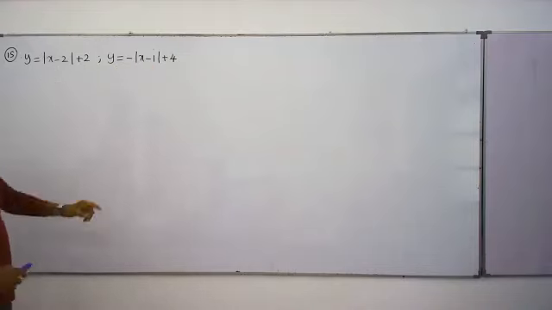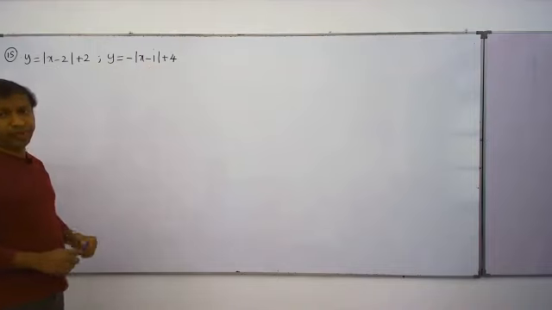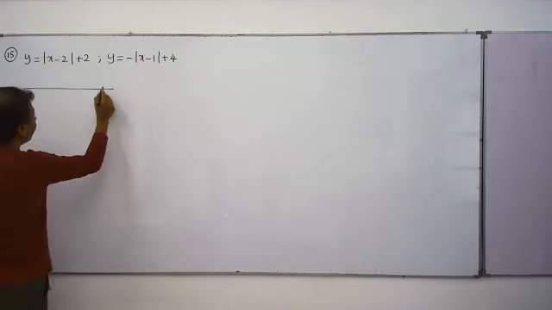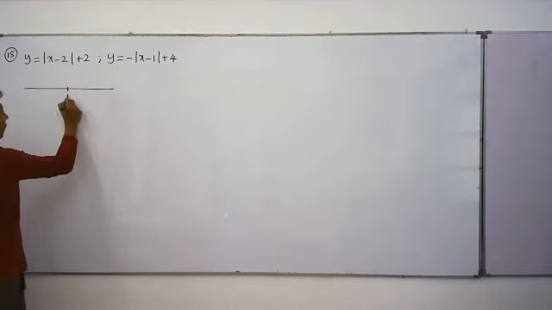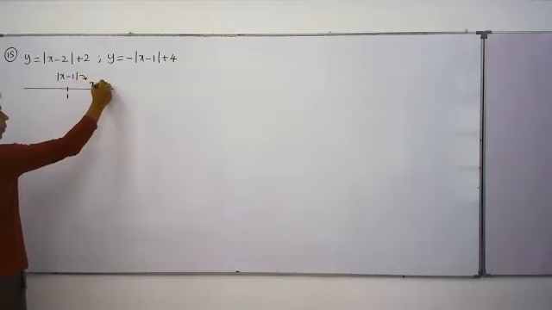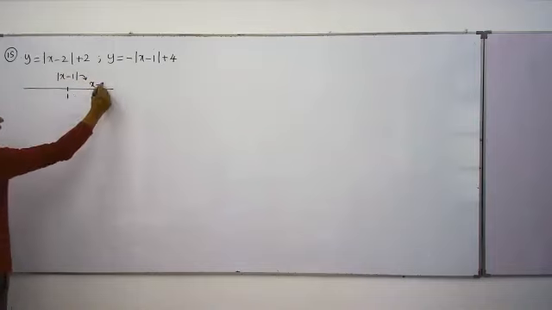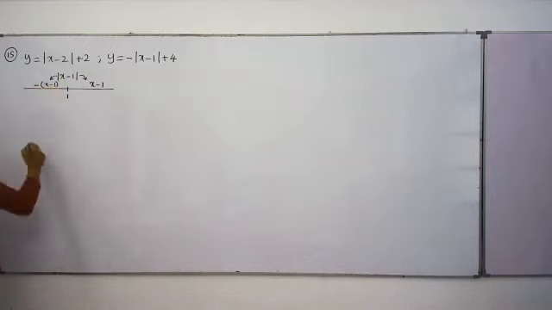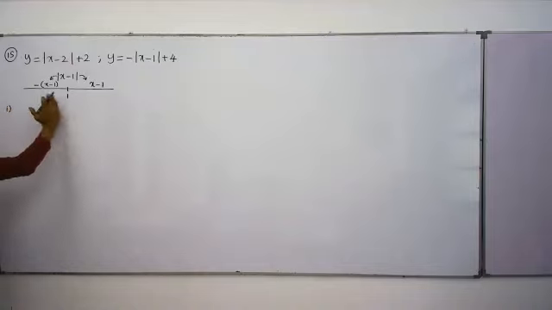First we have to define mod x minus 1. Mod x minus 1 will change at 1. Mod x minus 1 will be equal to x minus 1 on the right of 1. On the left of 1, mod x minus 1 will be equal to minus x minus 1. Now we have 2 intervals: less than 1 and greater than 1.